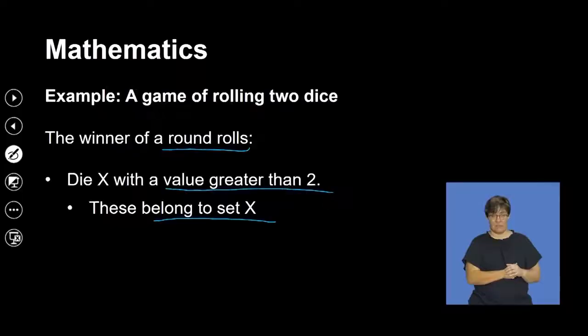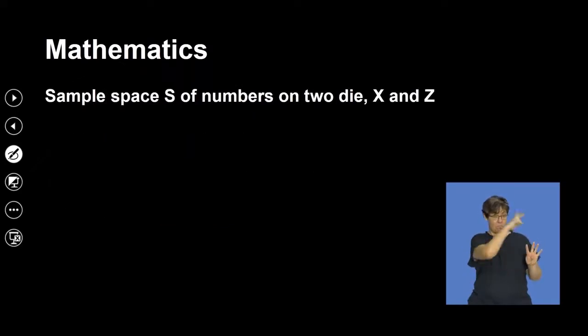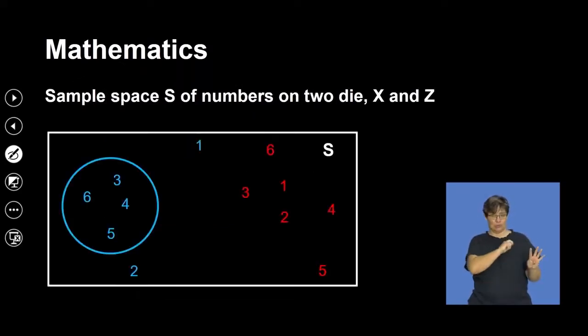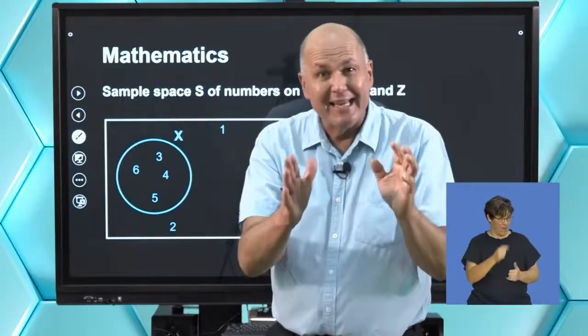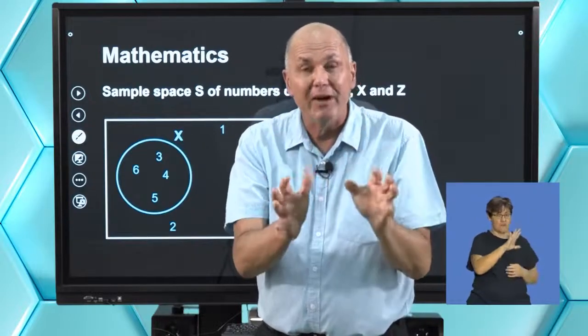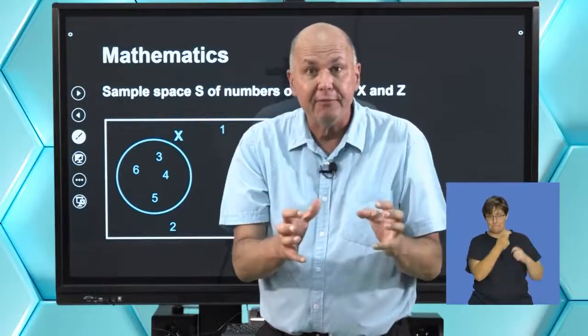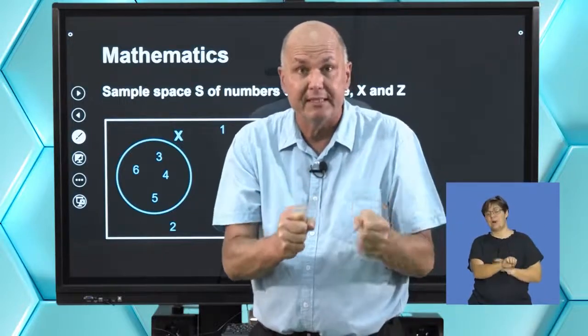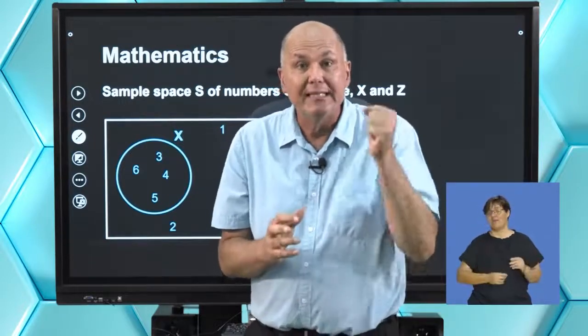So there are 4 numbers that will be true for making you a winner. That will be set X. There we go. We've got 3, 4, 5, and 6. Very good. I hope you understand that it's those ones that we're looking at. So we've calculated and we've seen graphically that there are 4 possibilities for winning when rolling die X.